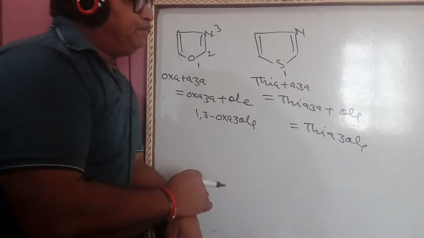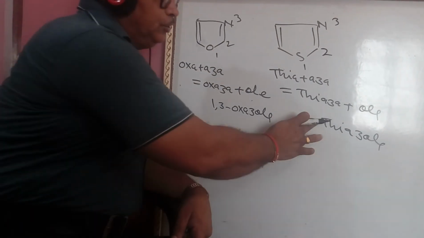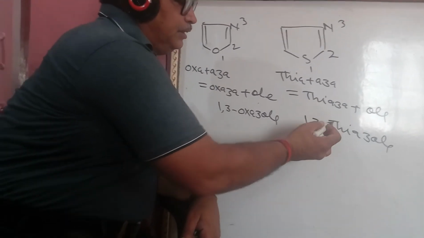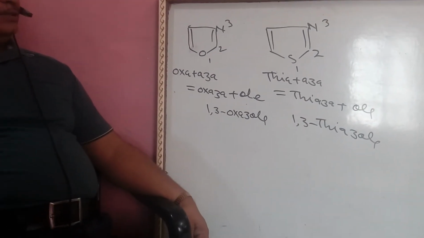Sulfur is present at position number 1 and nitrogen is present at position number 3. So the locants will be 1 and 3, and the complete name of this compound will be 1,3-thiazole.